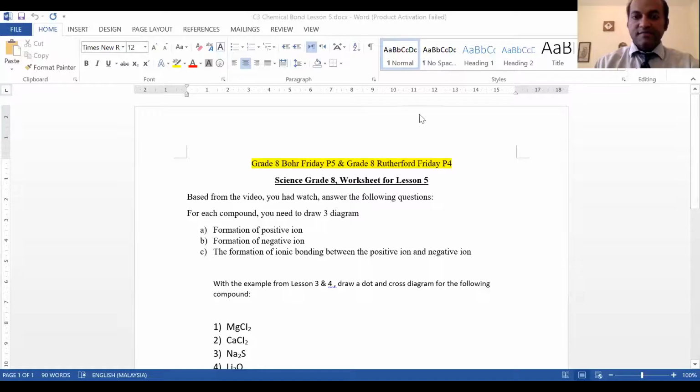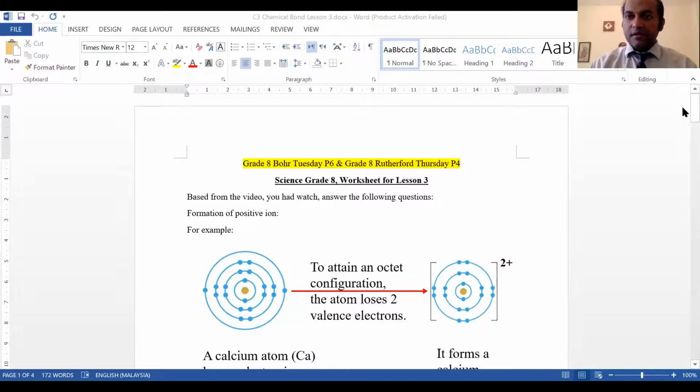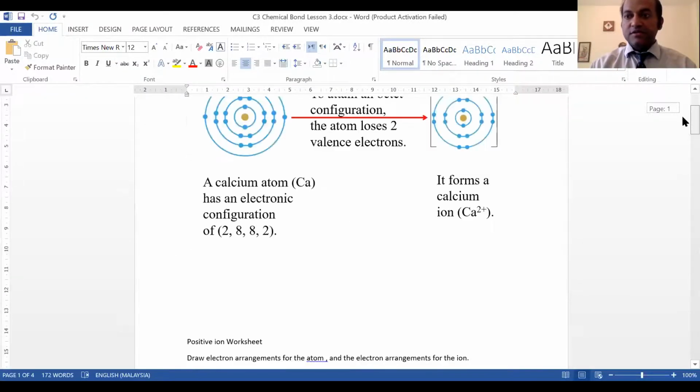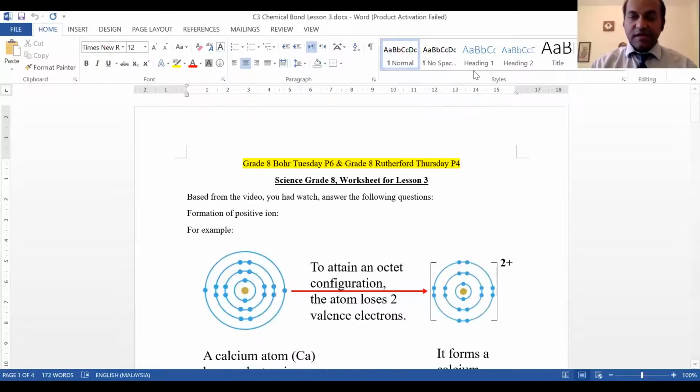This is one of them, and this is the other one. And this is the one that was given last week. So we would like to revise everything.